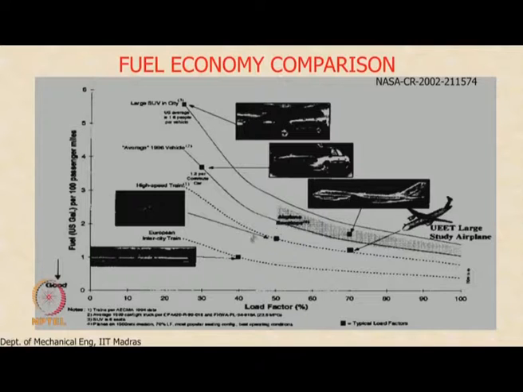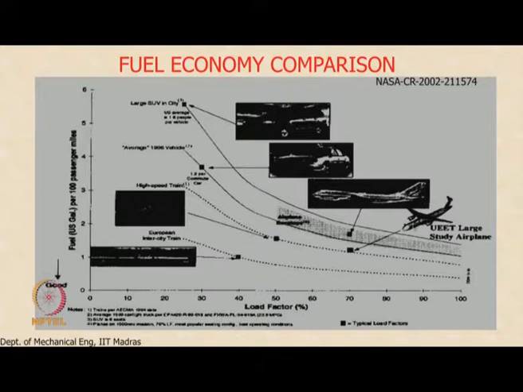This is probably not a graphic that one would like to present when teaching a course on aircraft engines, because this shows aircraft engines in a very poor light in terms of fuel economy for number of passenger miles. So you can see that aircraft actually are better than sport utility vehicles.